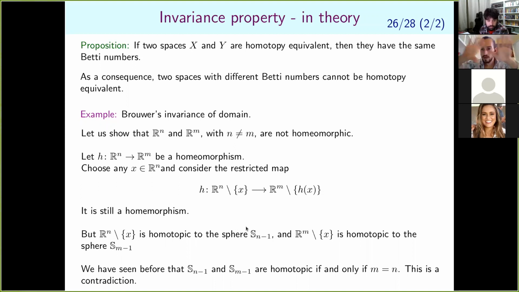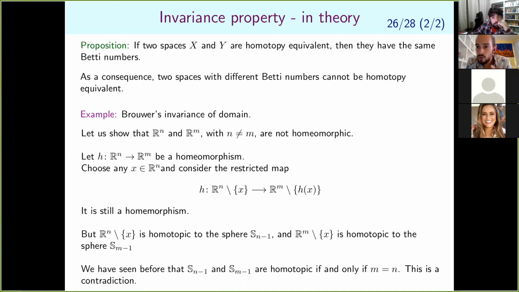Basically, think about the plane, remove a point, then you can retract all the space and you obtain a circle at the end. And so this works in any dimension. On the left, I have a sphere of dimension n minus 1, and on the right, I have a sphere of dimension m minus 1. But as n and m are not equal, they cannot be homotopy equivalent. And this is a contradiction. So we have proven Brouwer's invariance of domain.